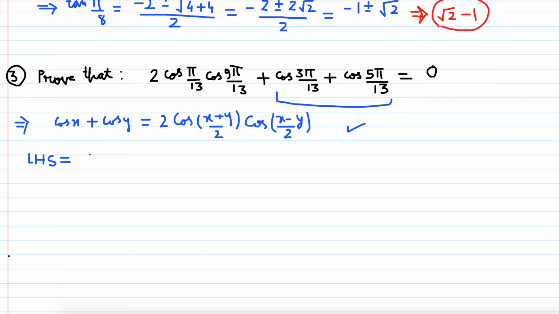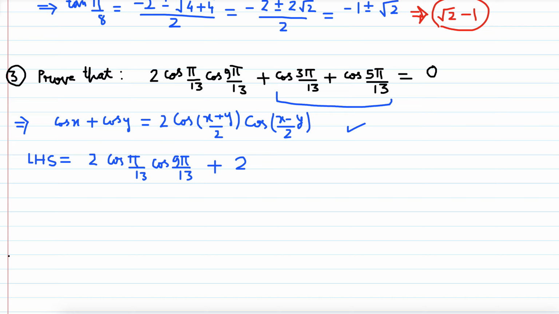So left hand side becomes this 2 cos pi by 13 cos 9 pi by 13, and the last two terms becomes 2 times x plus y divided by 2.